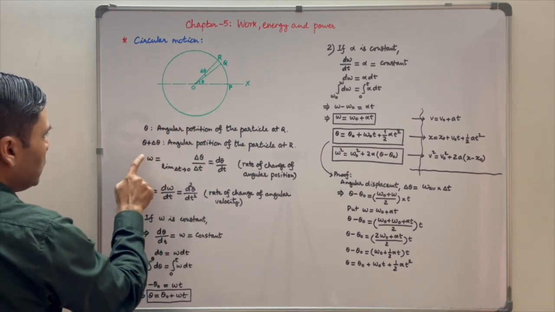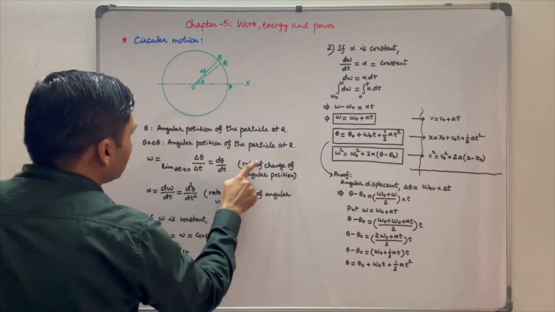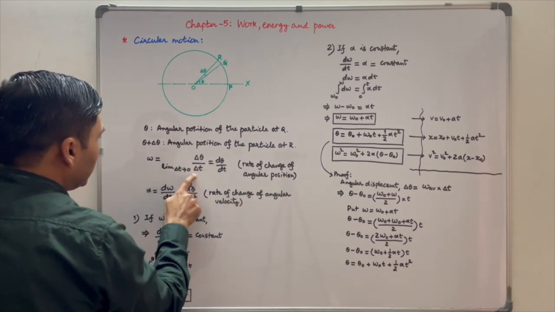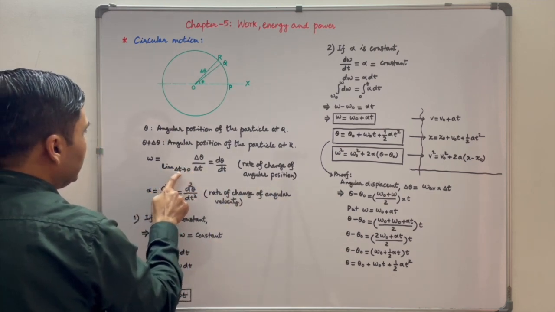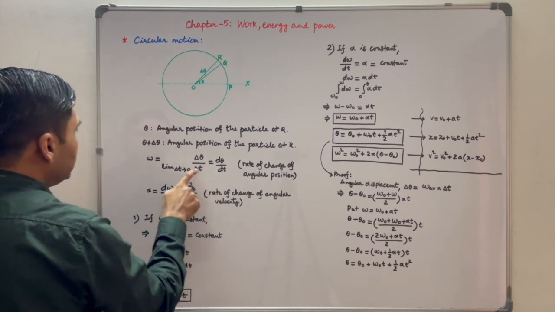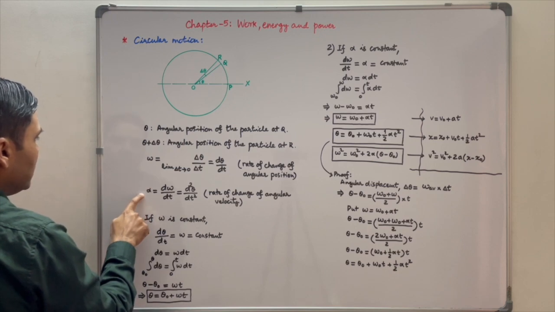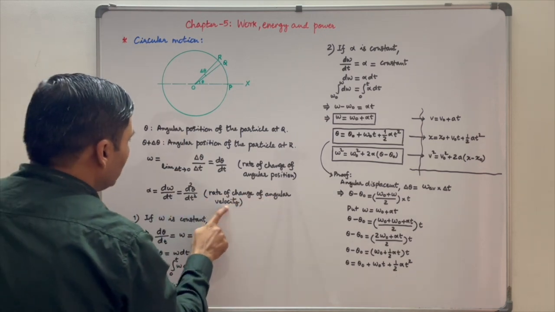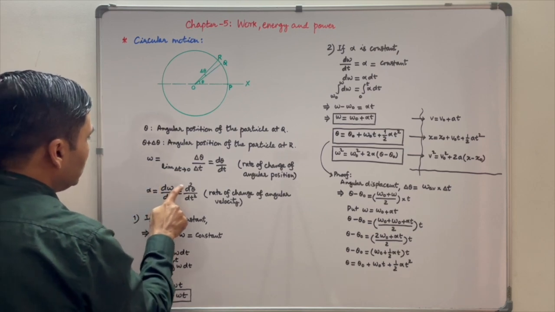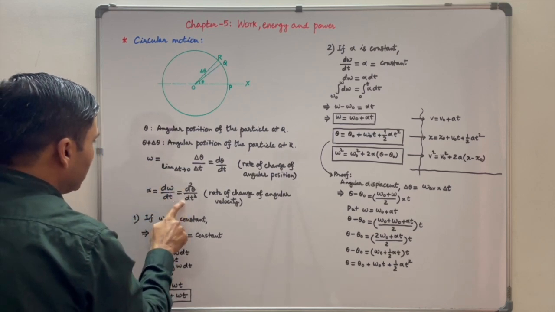Its angular velocity omega is the rate of change of angular position, which is given by delta theta upon delta t, where limit delta t tends to 0, and that is d theta upon dt. Similarly, angular acceleration is the rate of change of angular velocity, that is d omega by dt, and that is equal to d square theta upon dt square.